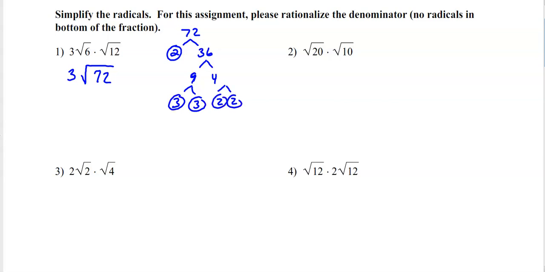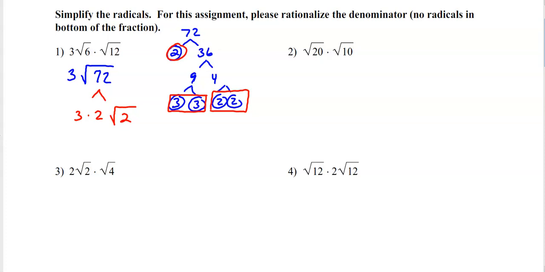And then the deal is, since we're dealing with square roots here, we pair them up into 2s. When you have a pair, you count that once. And then another pair, we count that once. And then we have a loner that we put inside of the radical. So your loners always go inside the radical.